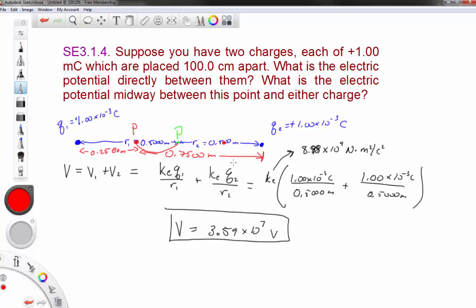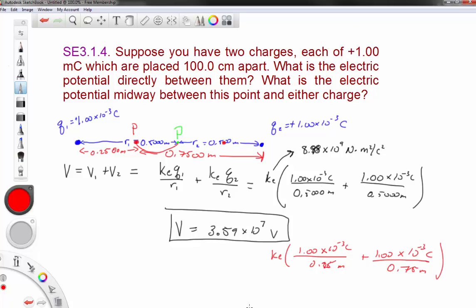In that case, we repeat all of this, but now we end up with KE times 1.00 times 10 to the minus 3 coulombs over 0.25 meters plus 1.00 times 10 to the minus 3 coulombs over 0.75 meters.